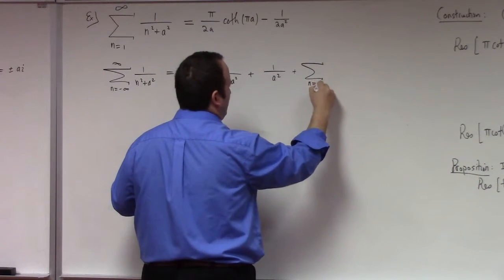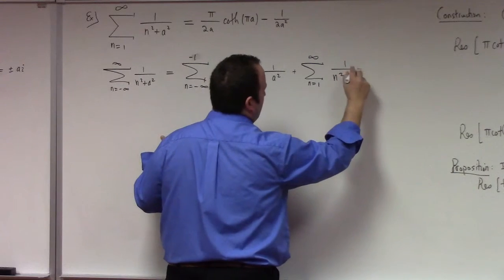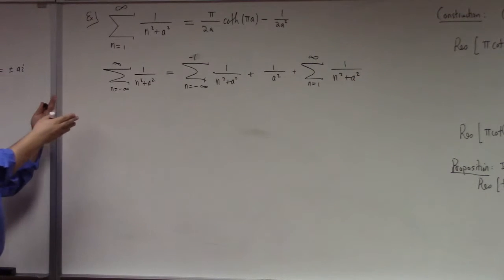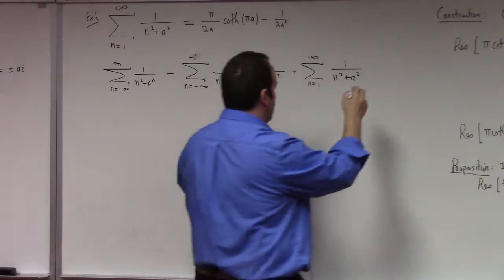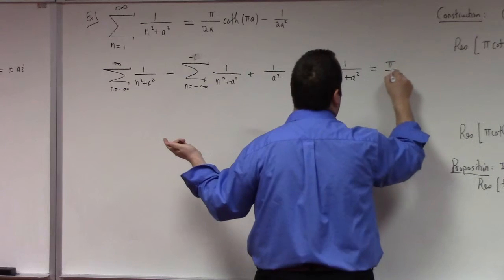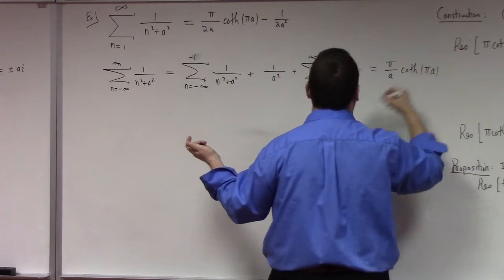The sum n equals 1 to infinity of 1 over n squared plus a squared. Right? That's not surprising. I'm just breaking the sum from minus infinity to infinity into 3 pieces. All of this by previous work is equal to pi over a coth pi a.